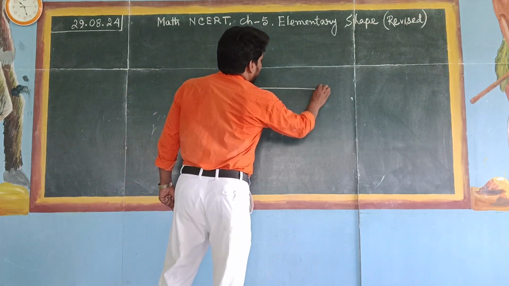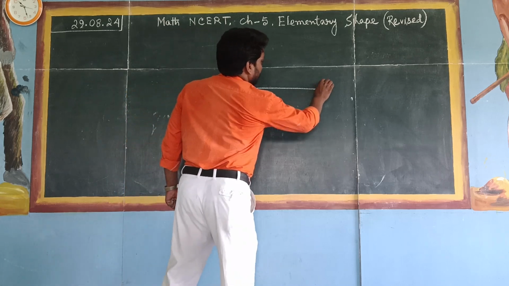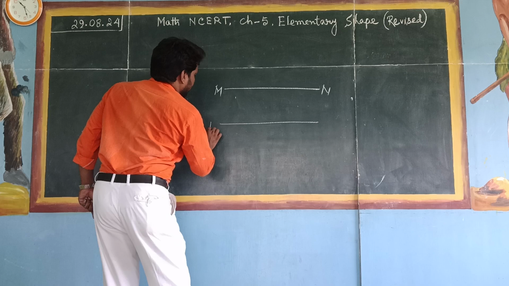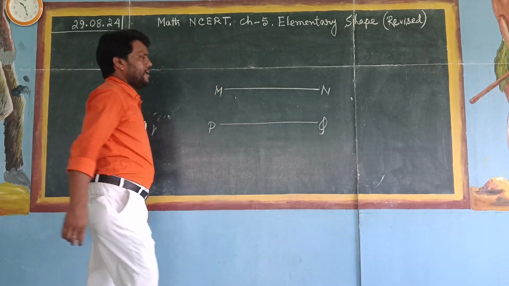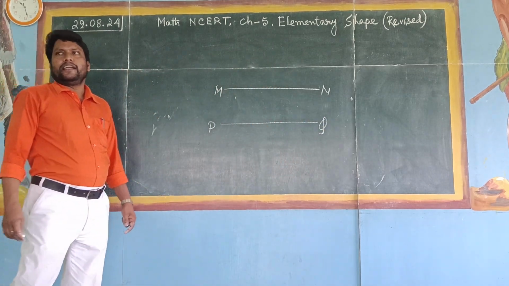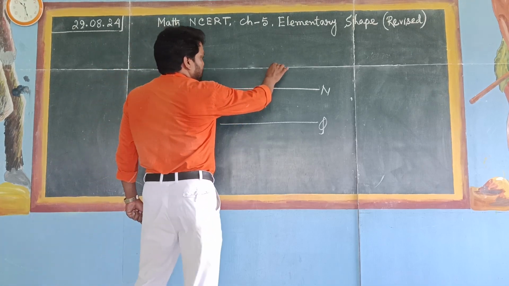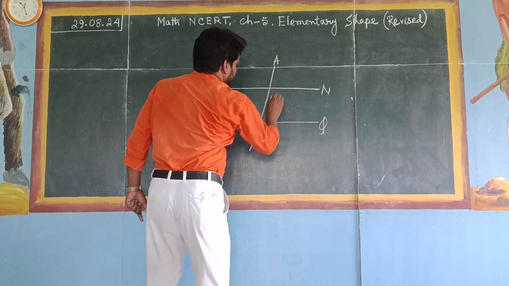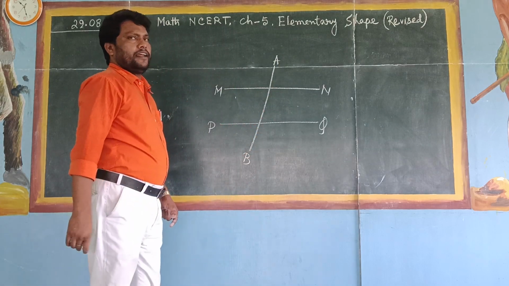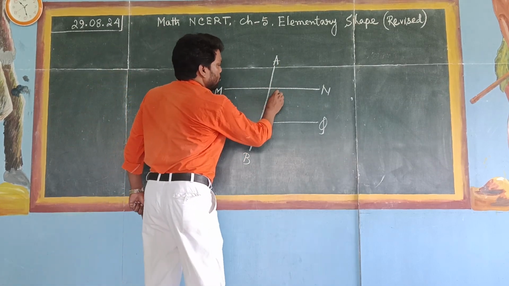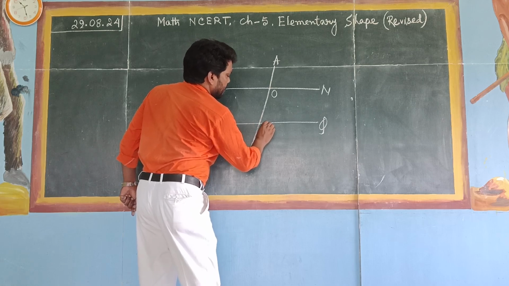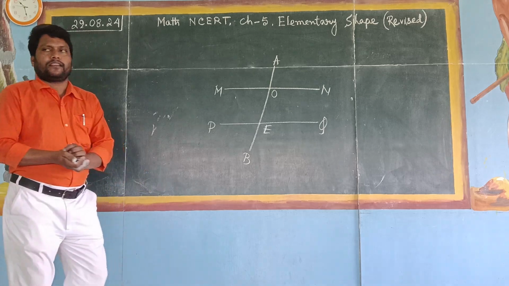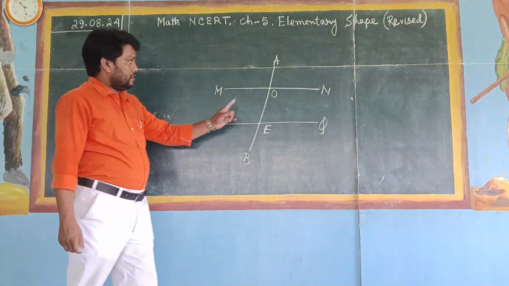Suppose a pair of lines MN and PQ, parallel lines. Suppose these two lines are intersected by line AB at point O and point E. Look very carefully.